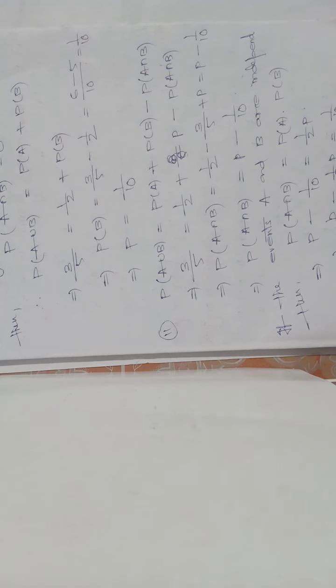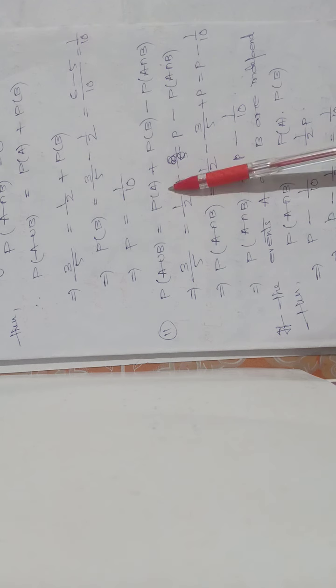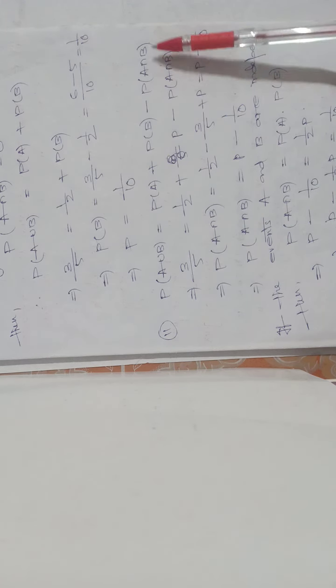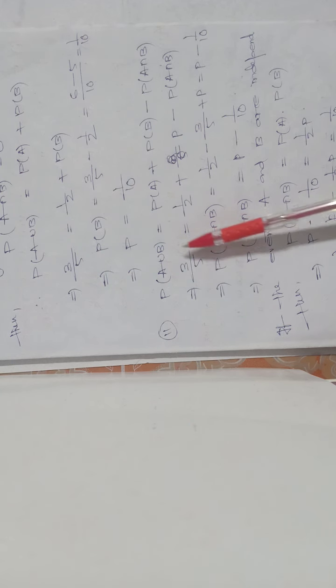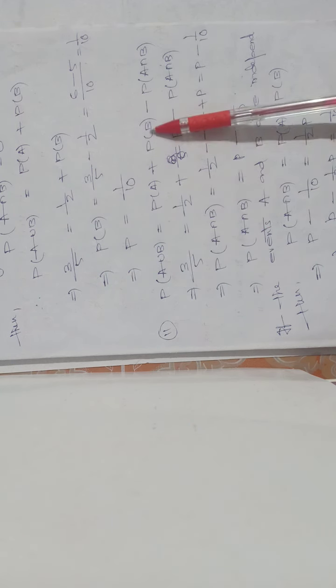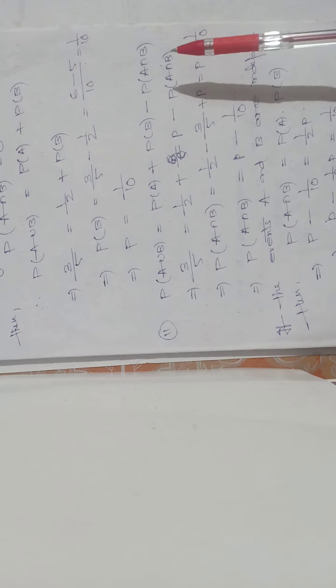Now in the second case, both the events are independent. So P(A union B) equals P(A) plus P(B) minus P(A intersection B). So P(A union B) is given as 3 by 5, equal to P(A) given as 1 by 2 plus P(B) given as p minus P(A intersection B).